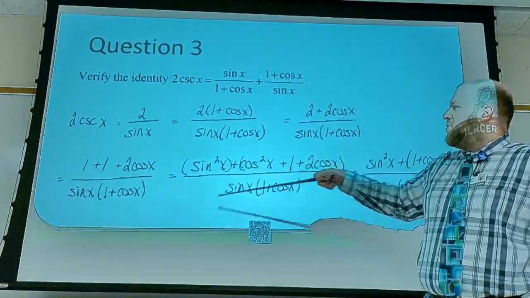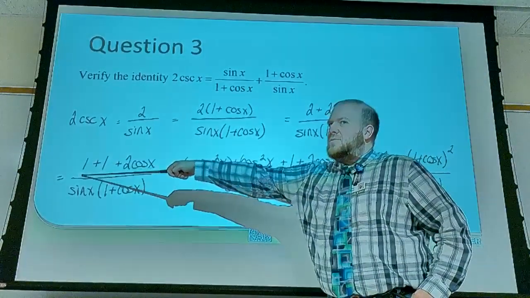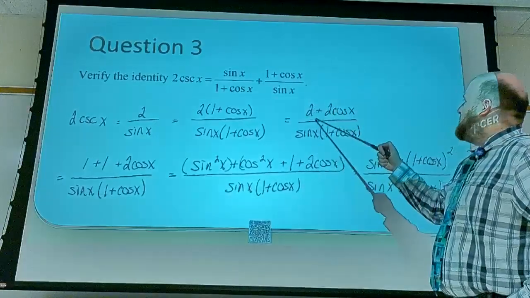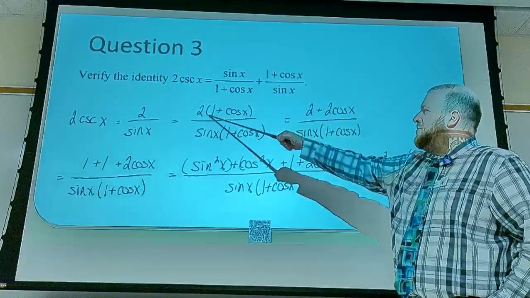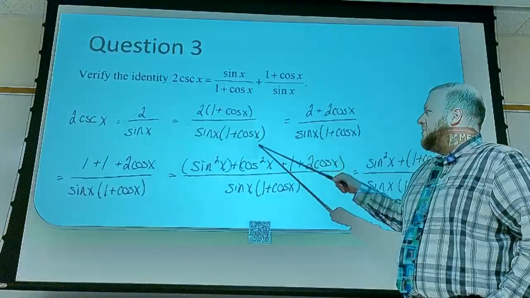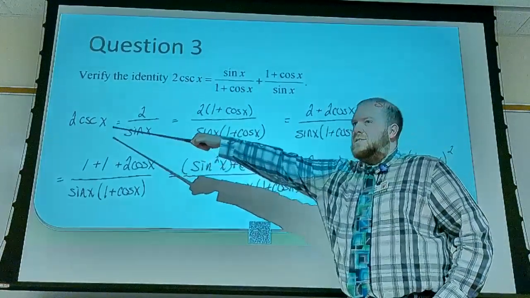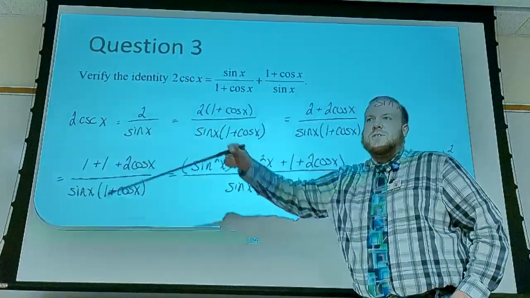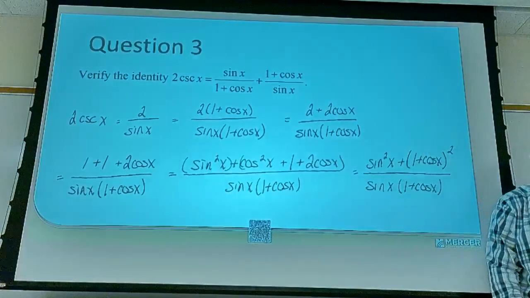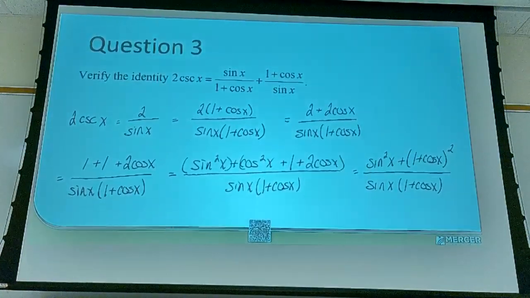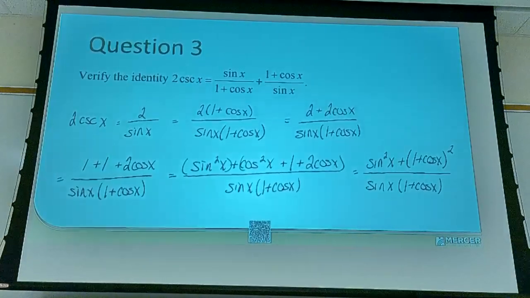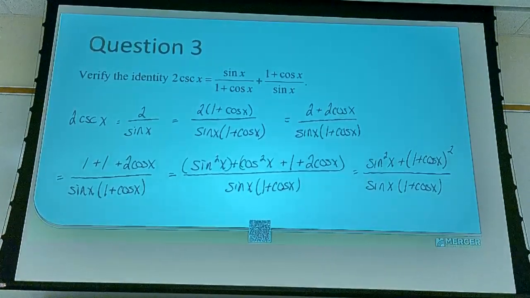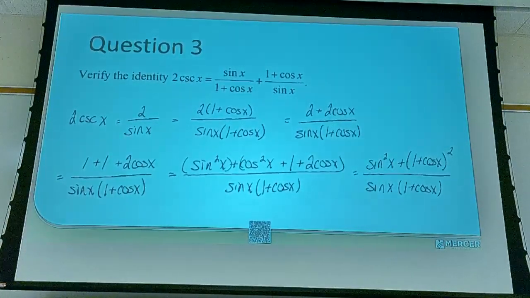Sine squared plus cosine squared is 1. 1 plus 1 is 2. Factor out the 2. Cancel. 2 over sine is 2 cosecant. And just with that, you wouldn't have had to worry about any of those tricks.